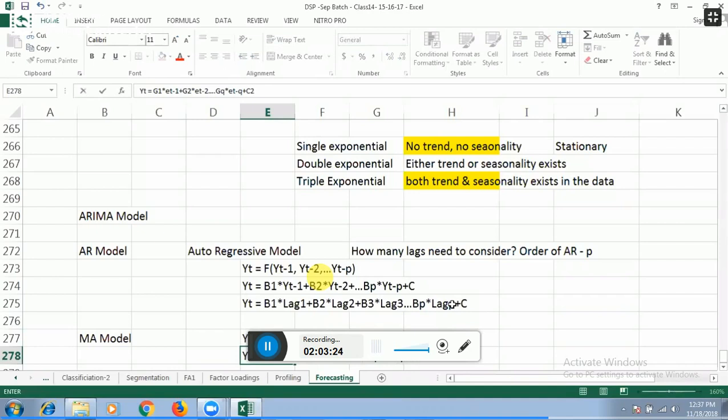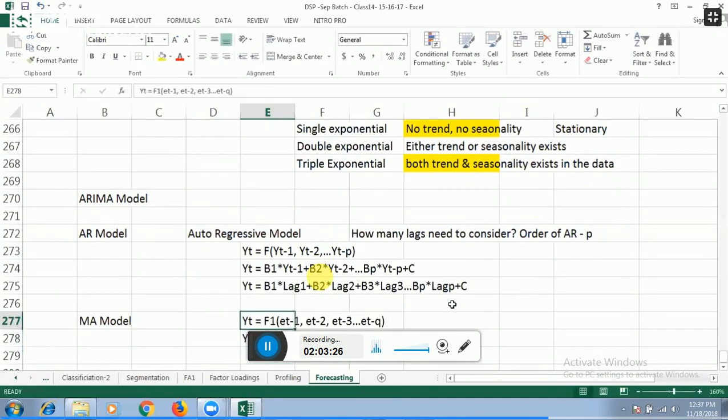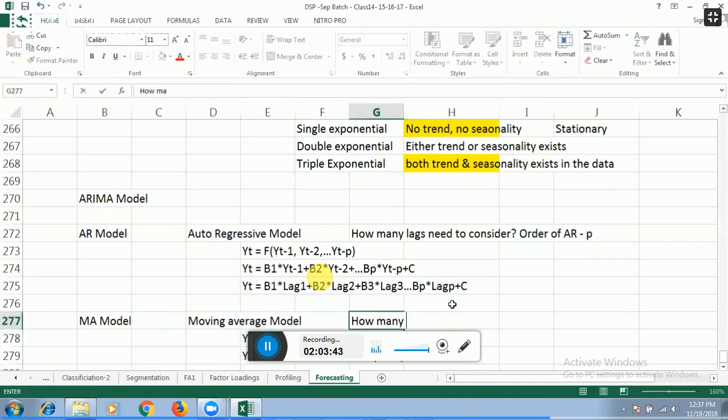So this is what we call a moving average model. In this case, we need to know how many past errors to be considered as part of the model. That is the order of MA, that is nothing but Q.